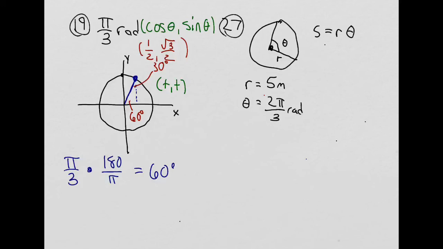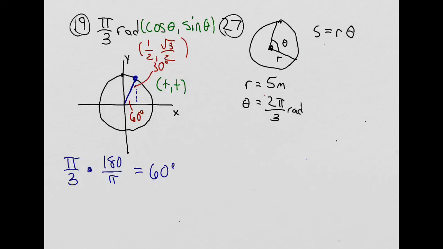One other application is finding the lengths of intercepted arcs. For example, you have a circle here with an angle in the circle, and what you want to do is find this length S right here. This length S is the length of this arc.